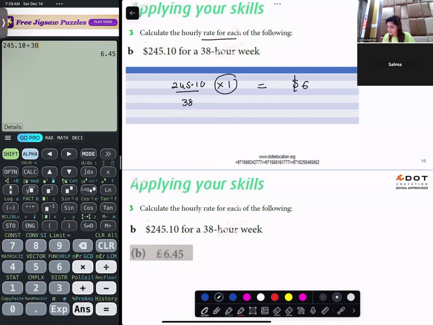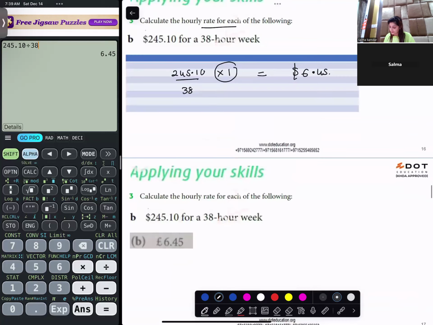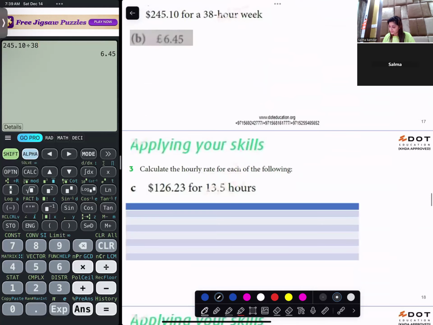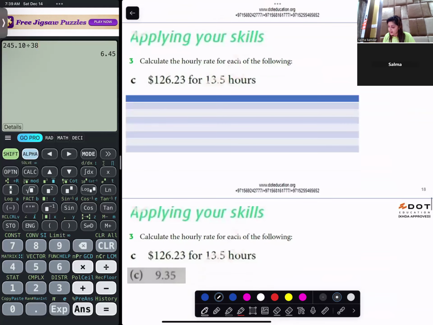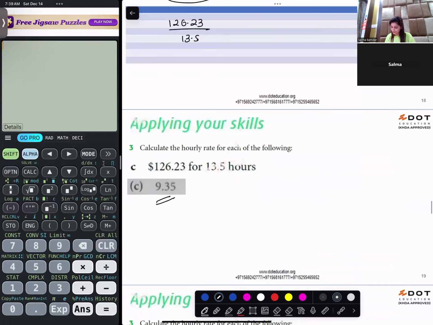So the hourly rate is $6.45. Okay, let's go to the next one. I want the hourly rate. Just divide. 126.23 is for 13.5 hours. So the hourly rate would be 9.35.